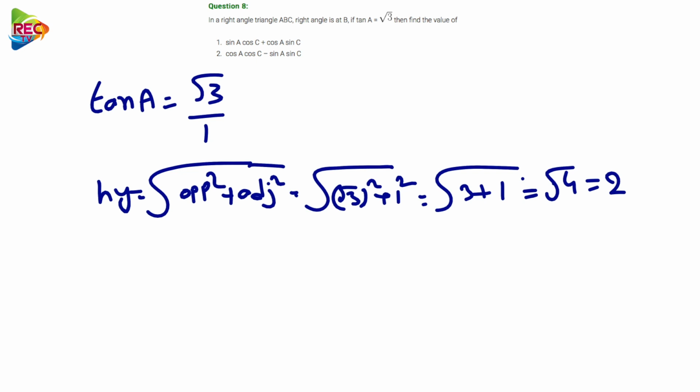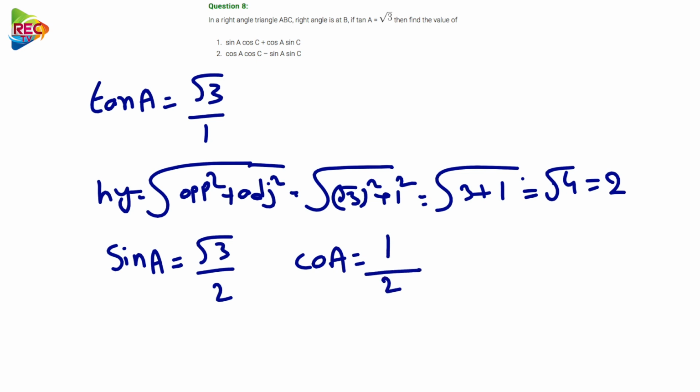Hypotenuse equals 2. First, to find the value of sin A: sin A equals opposite side by hypotenuse, which is root 3 by 2. Cos A equals adjacent side 1 by hypotenuse 2.